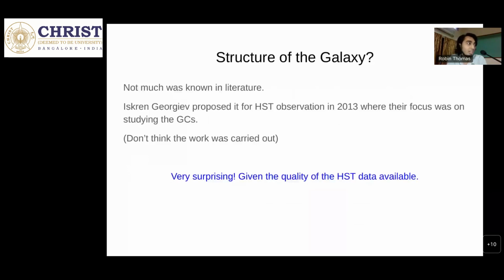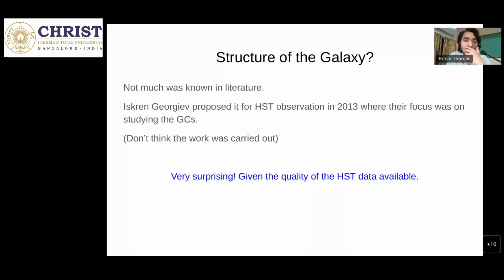Previously, we didn't know the structure of the galaxy or its physical dimensions. This is a tricolor image of the galaxy. From the image you can see it's kind of a lenticular galaxy with a bulge. Almost nothing specific about the structural parameters was known for the galaxy. Very scattered work was done before that.